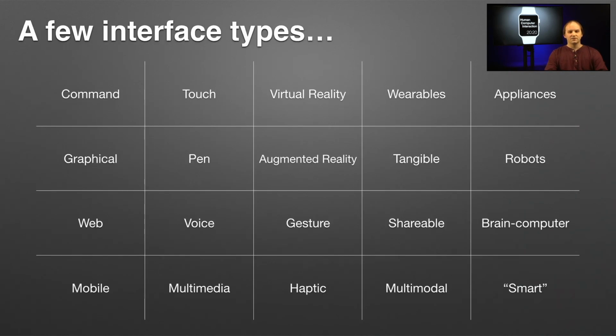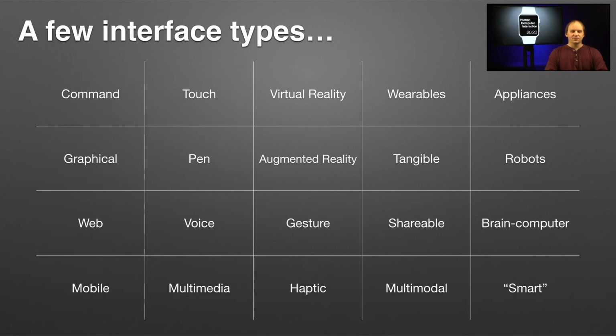So a few interface types, just to name some. I pulled this list from the Interaction Design book, and you could see immediately how some of these overlap with each other, right? A graphical interface and a touch interface, if you just have a tablet, well, you've got both of those happening right there.